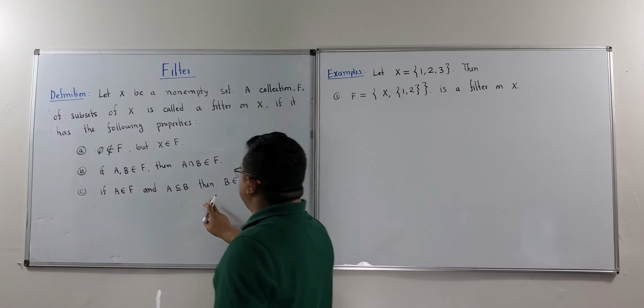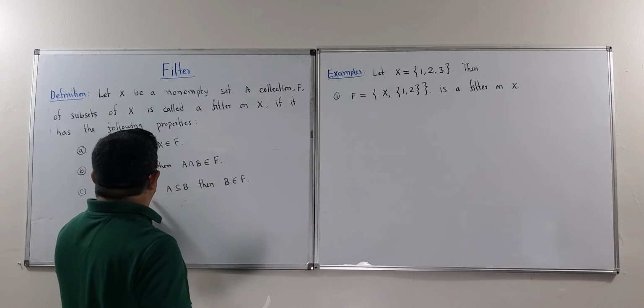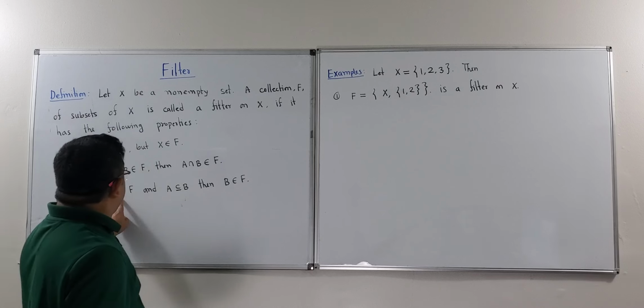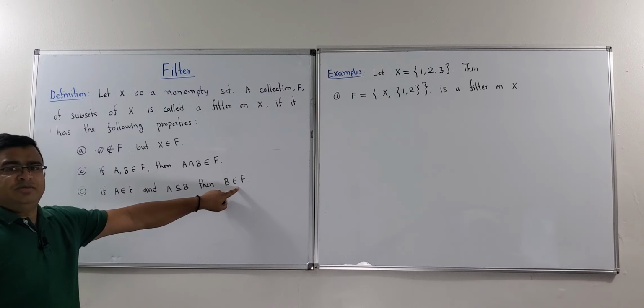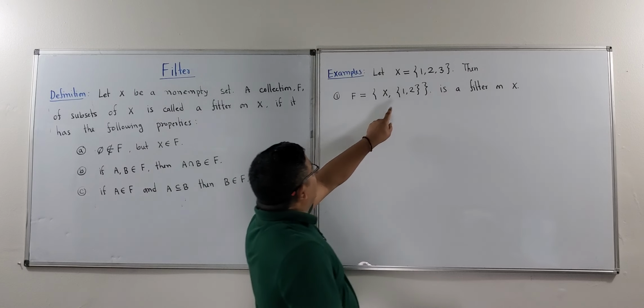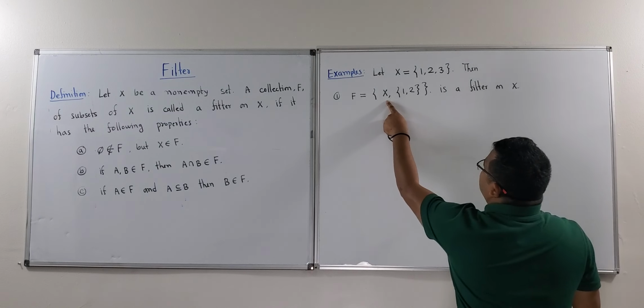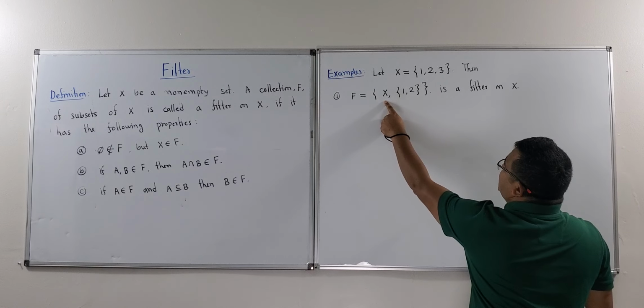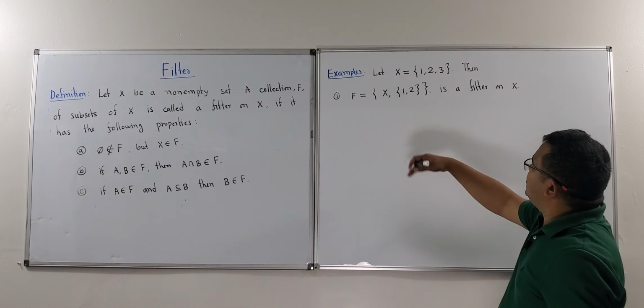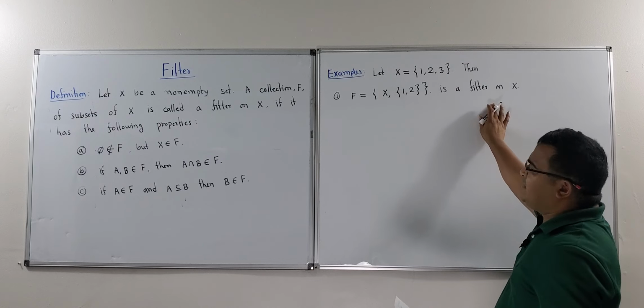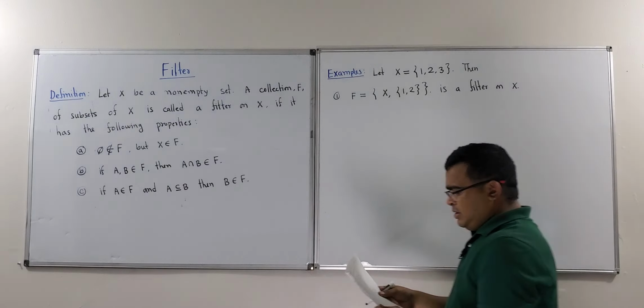Now the third property: if A is an element of F and A is a subset of B, then B should be in F. Here {1, 2} is a subset of X, and X is also in that collection. So it satisfies all of the three properties. That's why it's a filter.